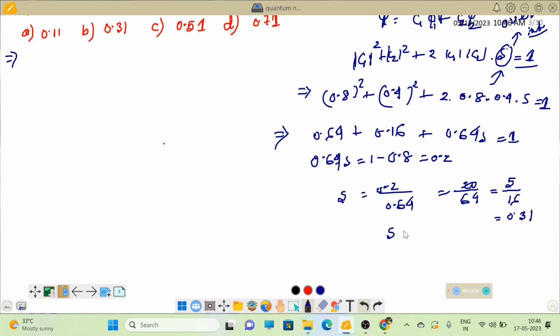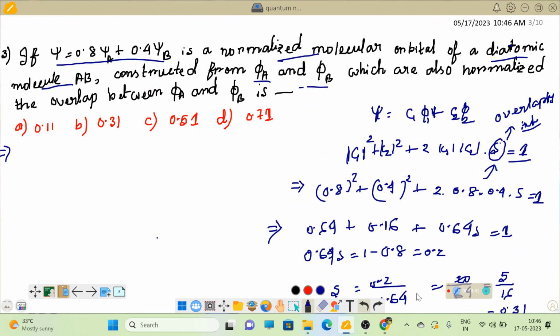S equal to, it's pure mathematics. If you just want to know this thing, we are writing the wave function psi in the form of a coefficient times the wave function of the first atom, then another coefficient with its wave function b. Here we can replace it with a and b.